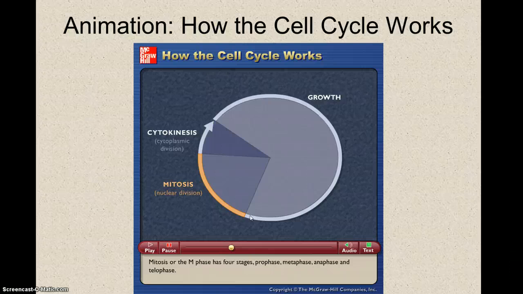Well, all that has to replicate too. And during the growth phase or interphase, all of those cellular organelles replicate. So it's not a resting stage. It's a very, very active stage.